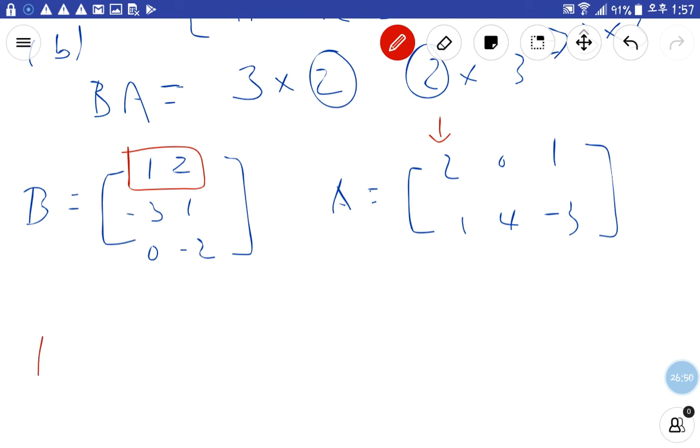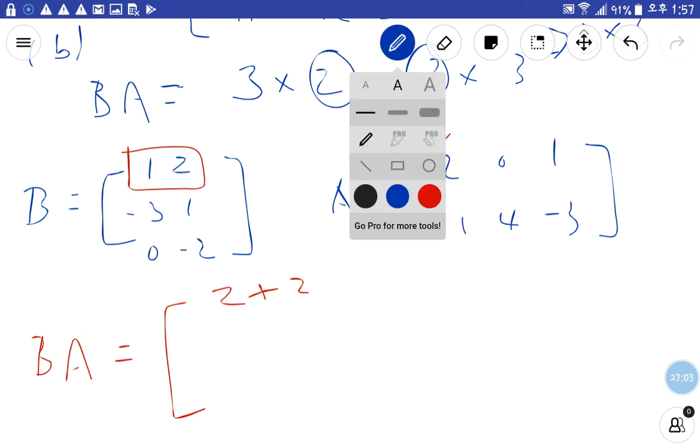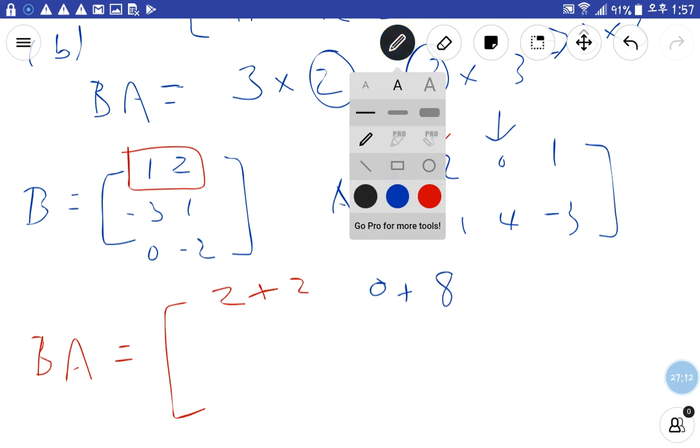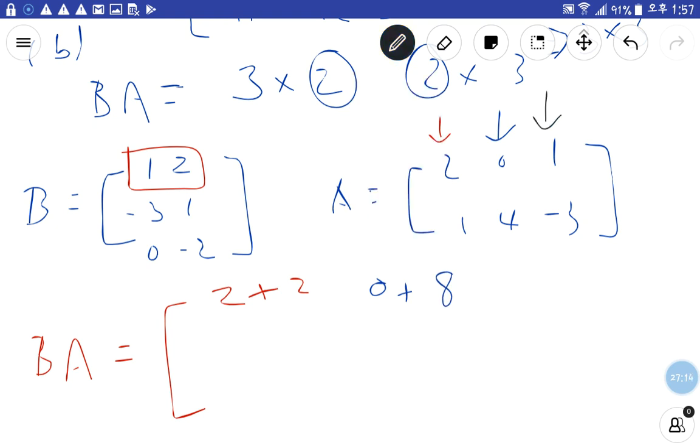So my BA would be 1 times 2, which is 2, plus 2 times 1, 2. That is my first. And my second, you're going to use this. 1 times 0, 0. 2 times 4, 8. My last one, using this. 1 times 1, 1. 2 times 3, negative 6.